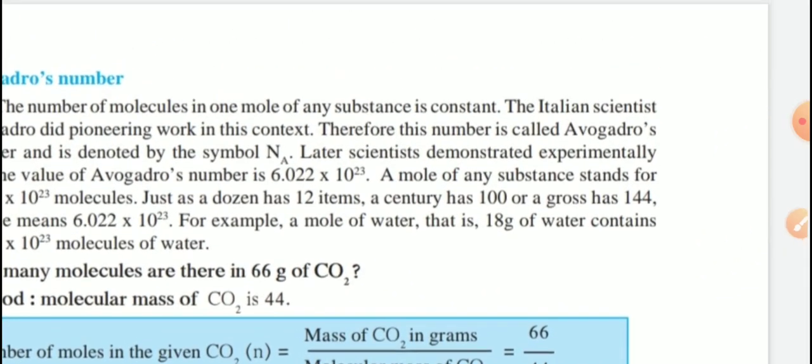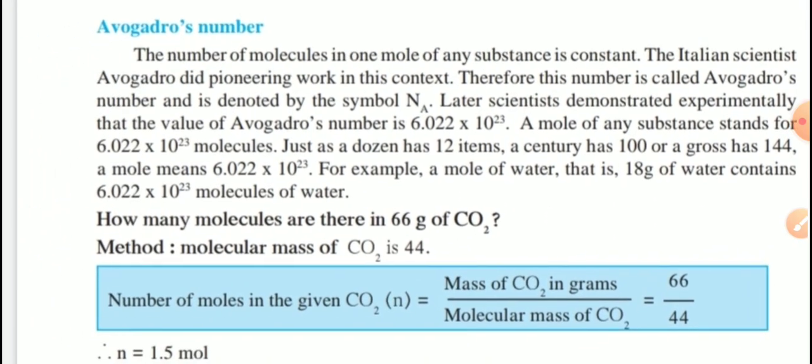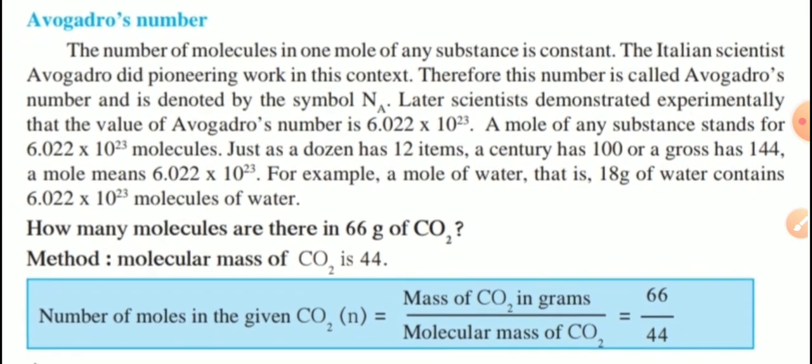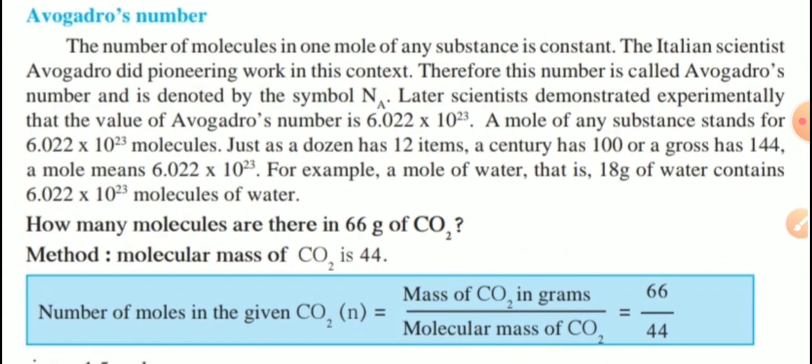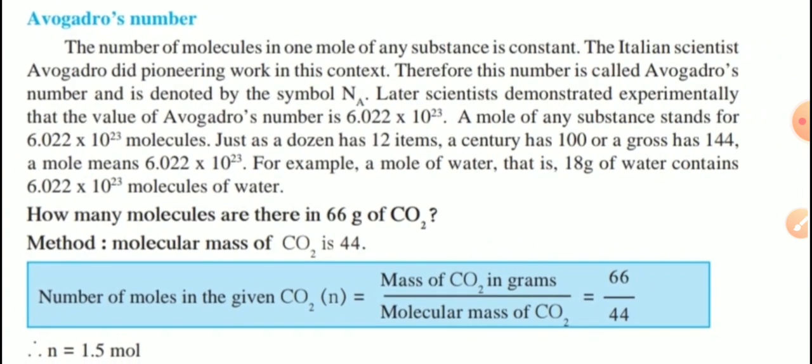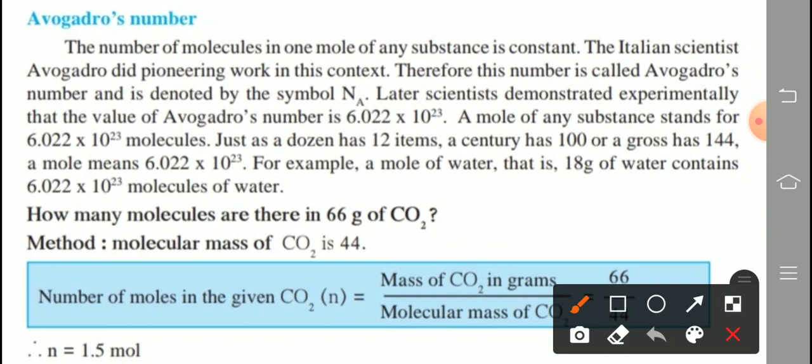Now on next page, see there what is given. Avogadro's number. See what is the explanation given about Avogadro's number. The number of molecules in 1 mole. Number of molecules in 1 mole of any substance is constant. The Italian scientist Avogadro did pioneering work in this context.